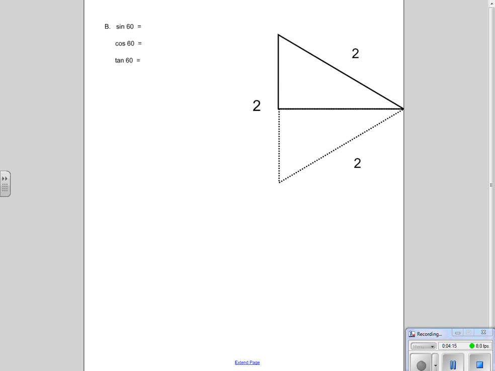60 degrees. We're going to consider that angle and we're going to look at the very same setup as the last one. I have an equilateral triangle that I have divided in half. Any equilateral triangle will have equal sides. I've chosen to make them all 2 so that when I look at half of that triangle, I have a length of 1, a length of 2, and a length of root 3.